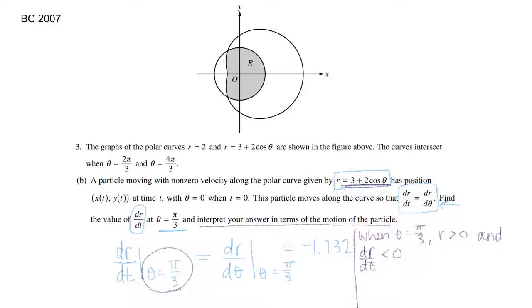So even though my radius is positive, its rate of change is negative, so that tells me that the particle is moving closer to the origin.